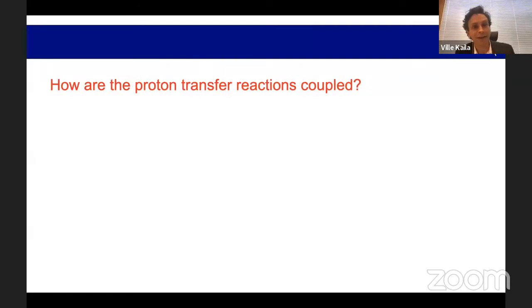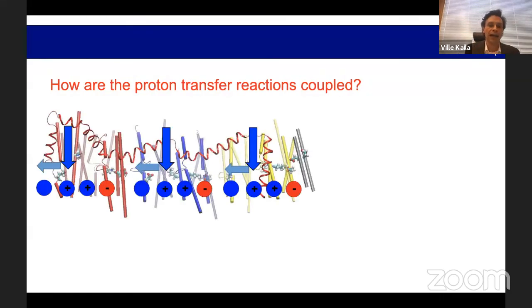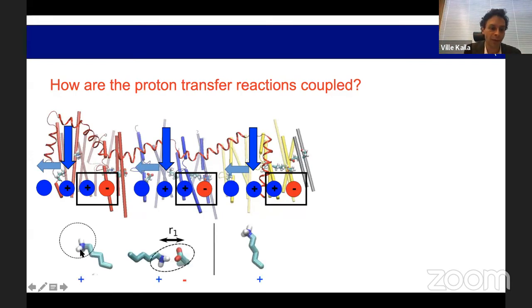So now the interesting question, how are these proton transfer reactions coupled to each other? And there is a very interesting internal symmetry in the system. And this is basically that you have this charged residue, this central lysine residue, which I talked about, that regulates the hydration state of the channel. And then basically before that, you have in close proximity an ion pair.